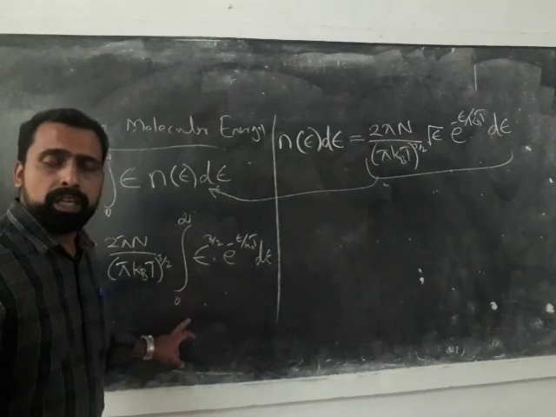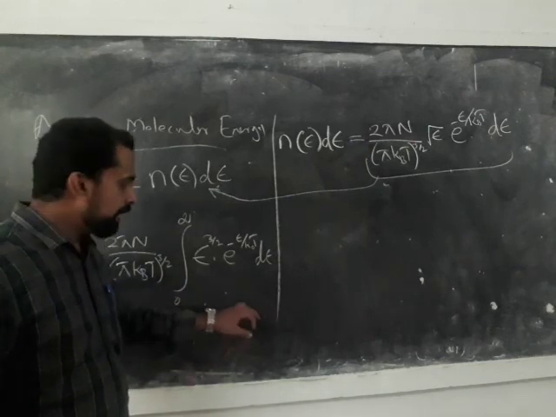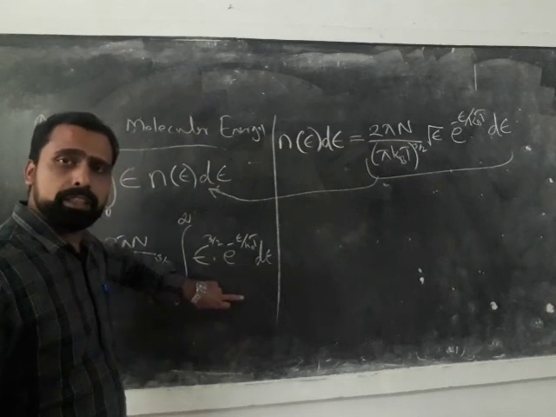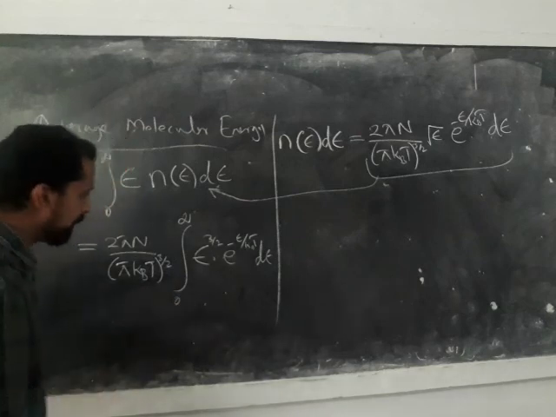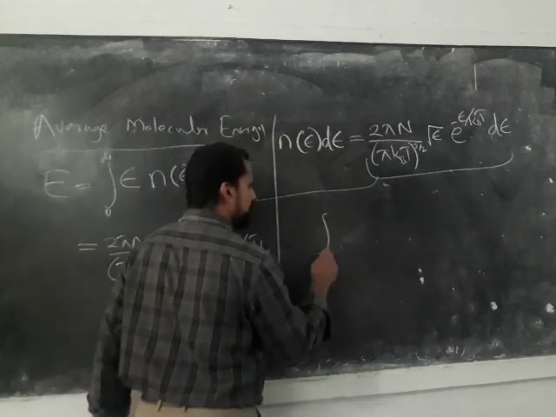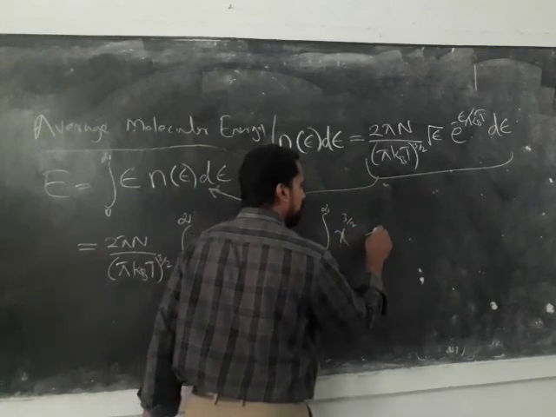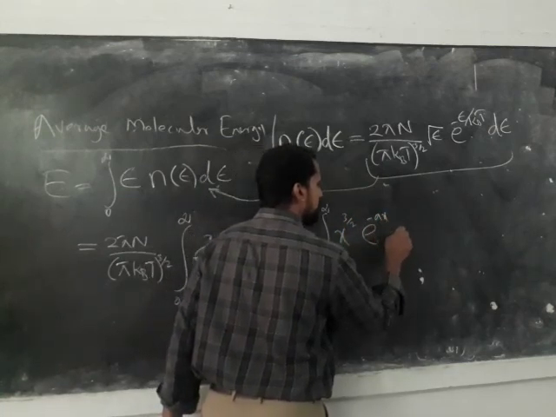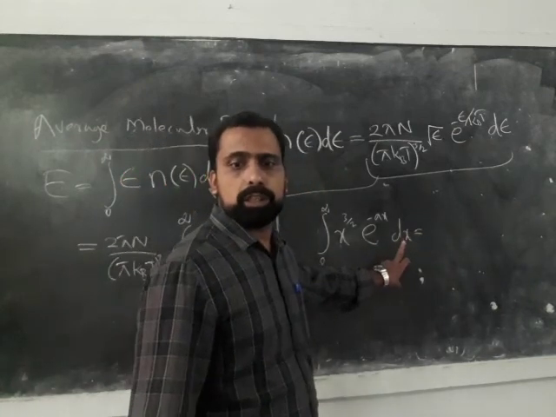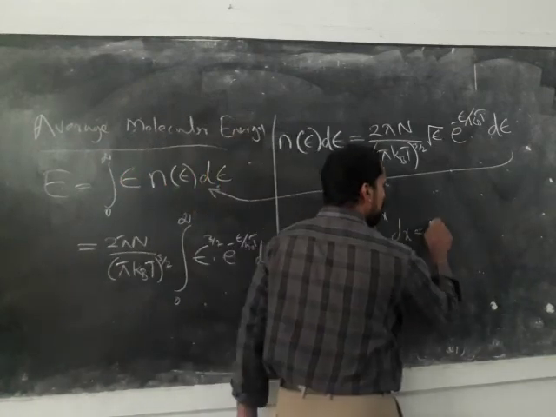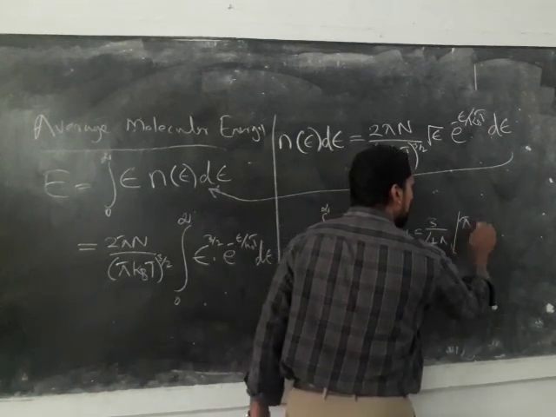Like the previous case, this is a special integral, a kind of gamma function, and it has a standard value. That standard value is the integral from 0 to infinity of x raised to 3 by 2 e raised to minus ax dx, equal to 3 by 4a times the square root of pi by a.